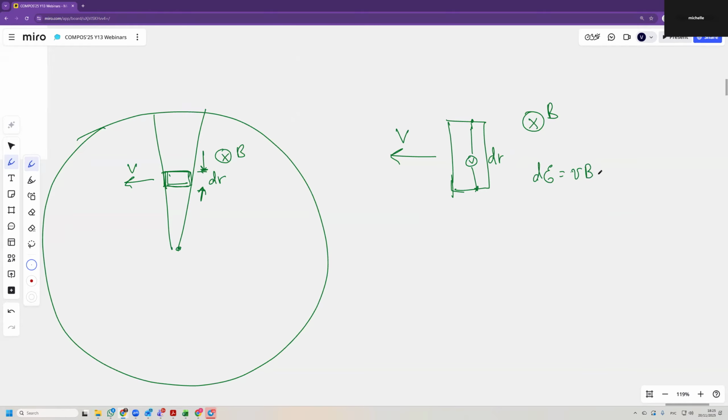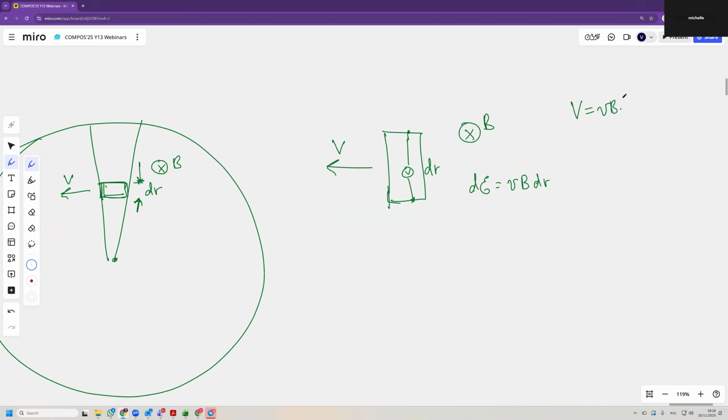Voltage is VBL, where L is the length of the wire. dE is a small change in voltage, and then vB dr, where the length is dr. Okay, so we have this expression.